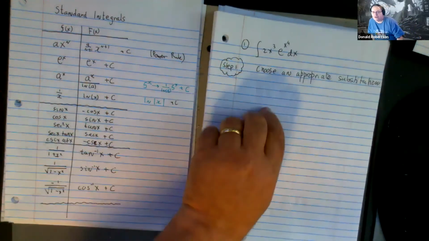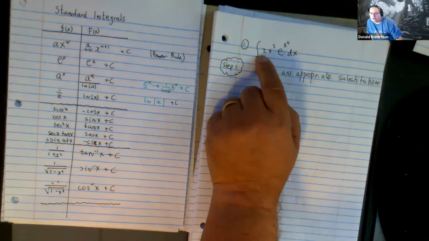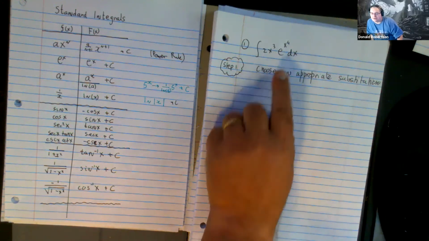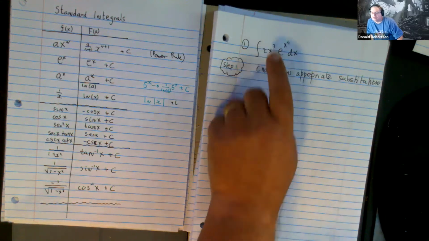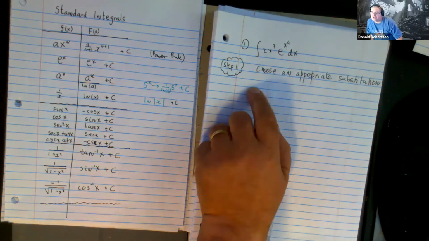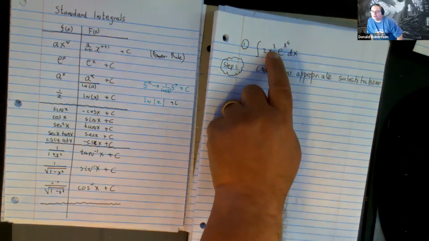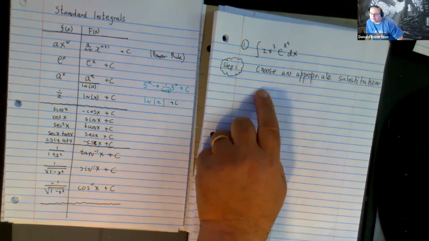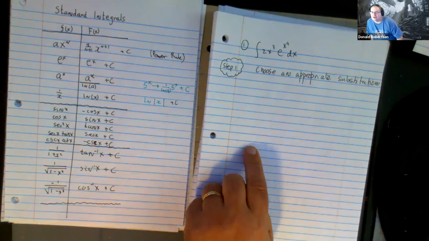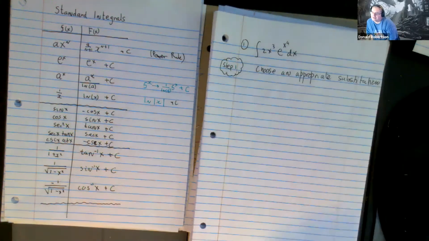What we're going to do essentially is take this really ugly integral and, by a process of substitution, replacing things, turn it into another integral that's equivalent to this one. But this new integral is going to be a much nicer, simpler one, and one that we know the answer to. So we're going to take a question that we don't know the answer to, turn it into a question that we do know the answer to. We're then going to solve that new question and use its solution to figure out what the original problem's solution is. So that's kind of the very big picture way of doing it.